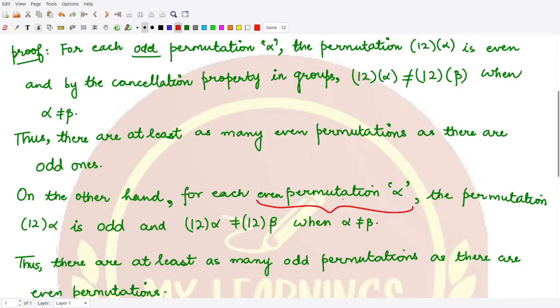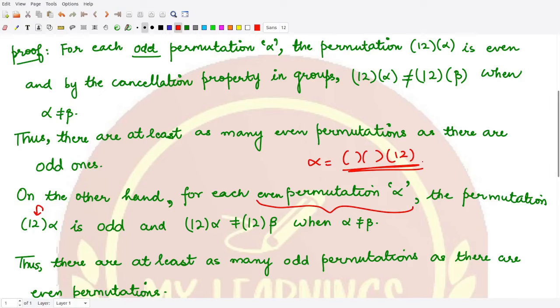So suppose alpha is an even permutation, so it is written as a product of an even number of transpositions. In this case, if you multiply it by one more transposition, say (1 2), it will definitely have an odd number of transpositions, right? So what does that mean?